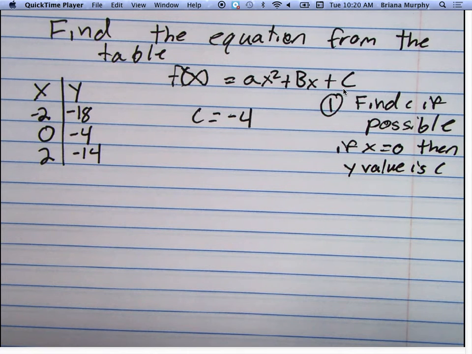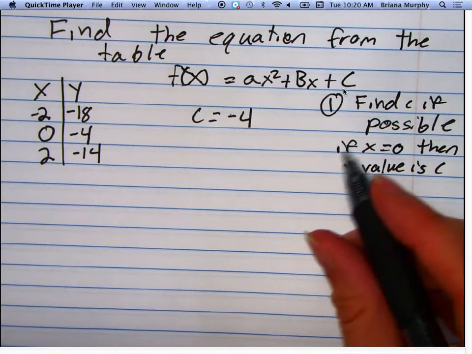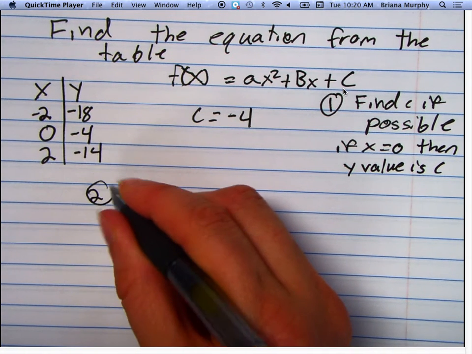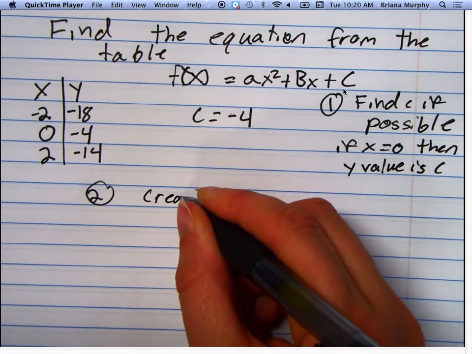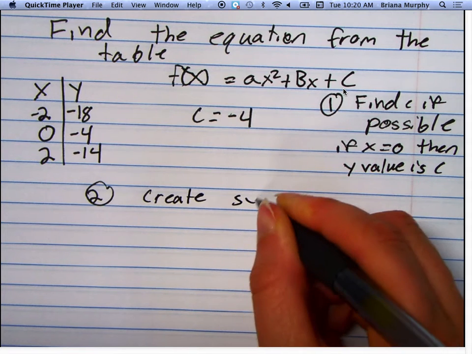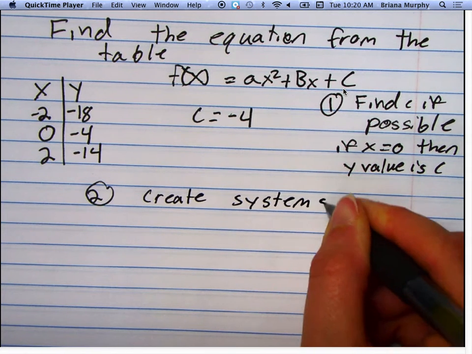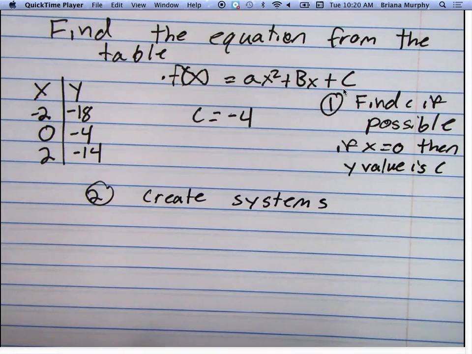Thank you. Okay, so I've got c. Now I'm going to have to use systems of equations to do this next part. Step 2, create systems. Okay, you know this is the general formula I'm using, right? ax squared plus bx plus c.